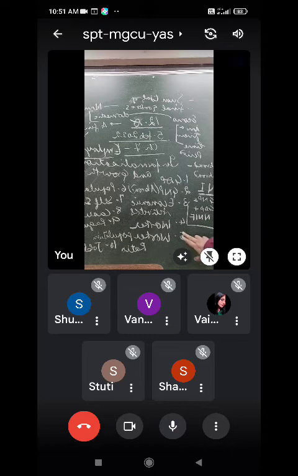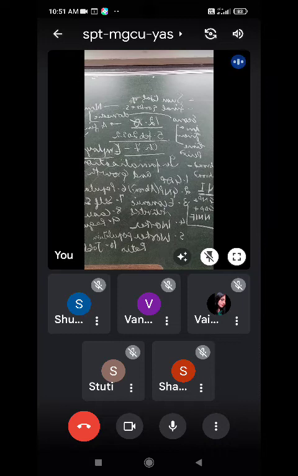Now, fifth one, worker population ratio. Worker population ratio is an indicator used for analyzing the employment situation in the country.